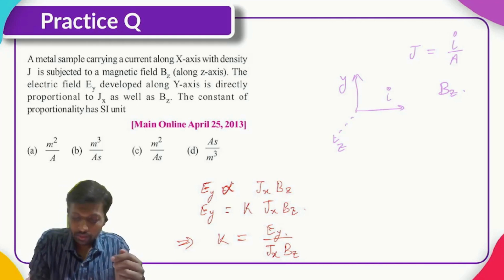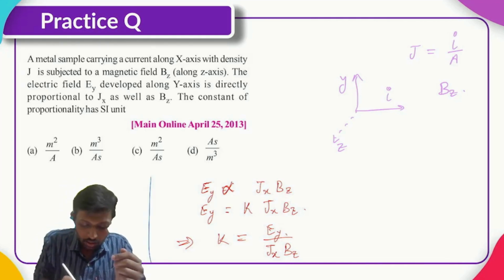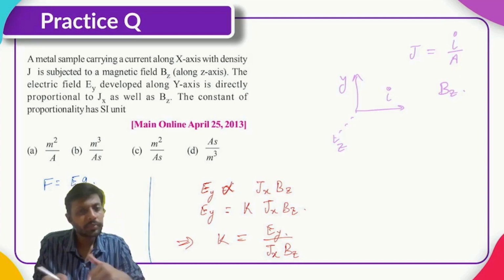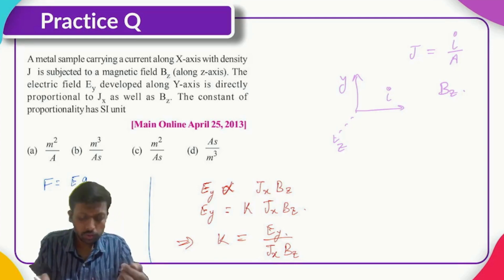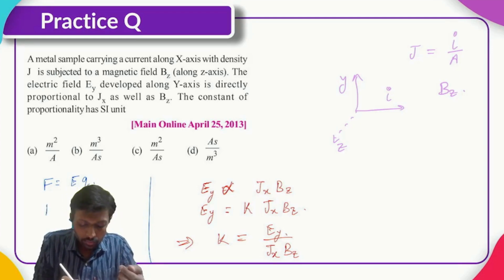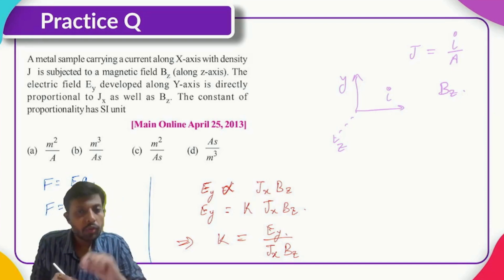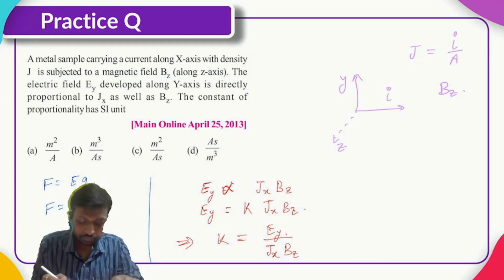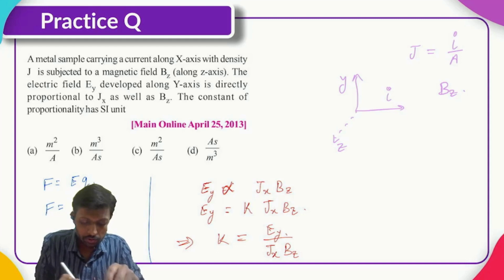There are multiple ways to find that. We'll just pick one. So force is expressed as electric field times the charge, force on a charge. So we'll use this formula to find the unit of electric field. We'll also use the formula QVB to find the unit of magnetic field. I've chosen these two specific formulae so that I have some common terms in both.